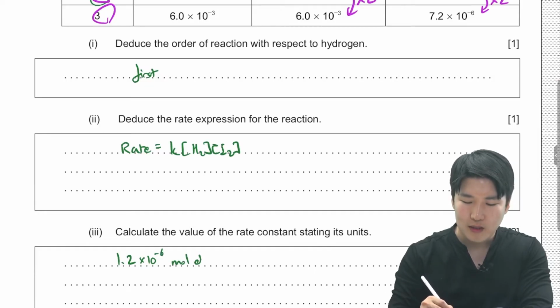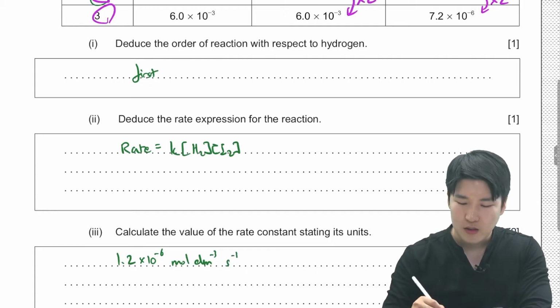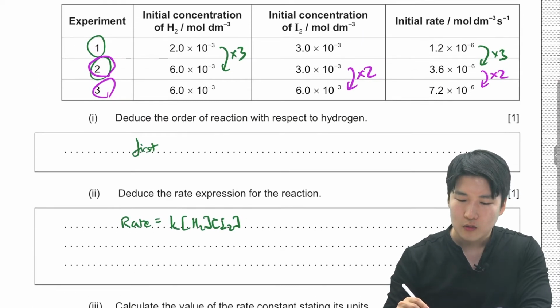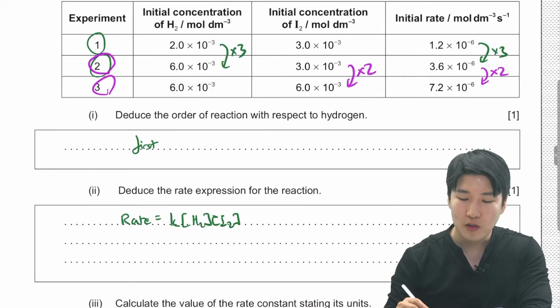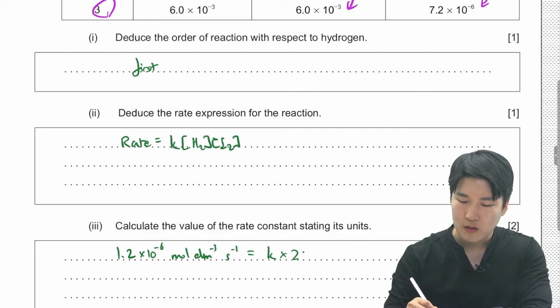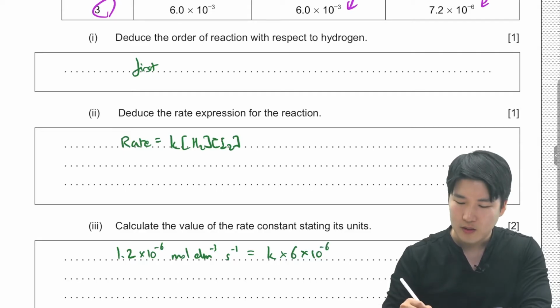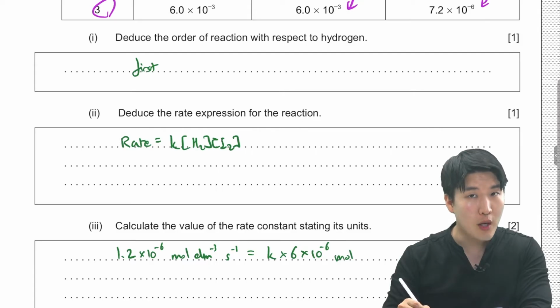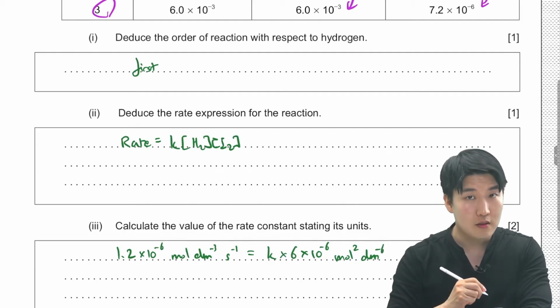The unit for rate is going to be mol per dm cubed per second, equals k times 2 times 10 to minus 3, 3 times 10 to minus 3. Now, that is going to equal 6 times 10 to minus 6. And the unit is going to be mol dm minus 3 squared, so mol squared per dm to the power of 6 minus 6.